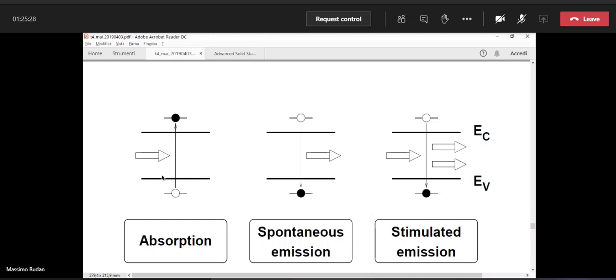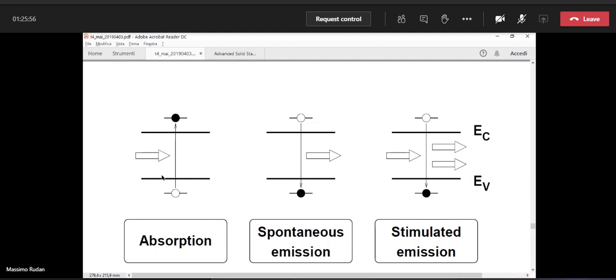If we use a uniform piece of semiconductor, when there is a light impinging on it, and this light forces transitions, of course we have a larger number of electrons in the conduction band, and at the same time a larger number of holes in the valence band.